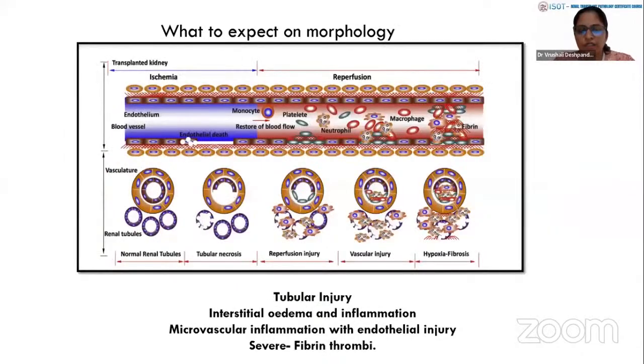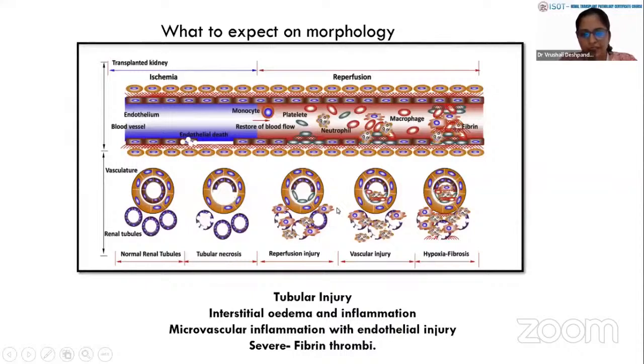Now let us see what we can expect on morphology in such situations in an allograft. We just have seen that tubular epithelial cells are very much prone to ischemic damage. At the level of ischemia, we can expect some amount of tubular injury and tubular necrosis. And when the blood flow is restored in the phase of reperfusion, we are getting again tubular injury.